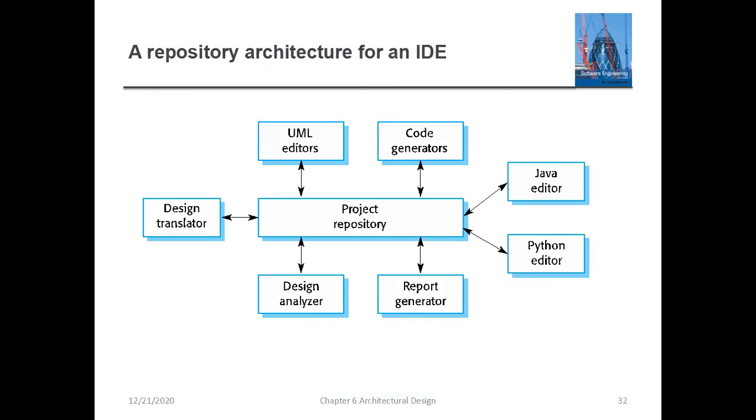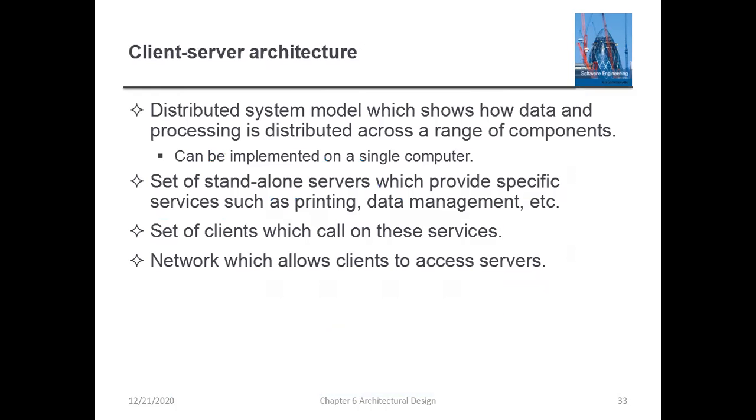Then we have the client server architecture. A distributed system model which shows how data and processing is distributed across a range of components: a set of standalone servers which provide specific services such as printing and data management. In client server, as I have told, we have a web server, then clients. If we take a local network example, say there are 4-5 offices and we are using a common printer, that is again the client server way.